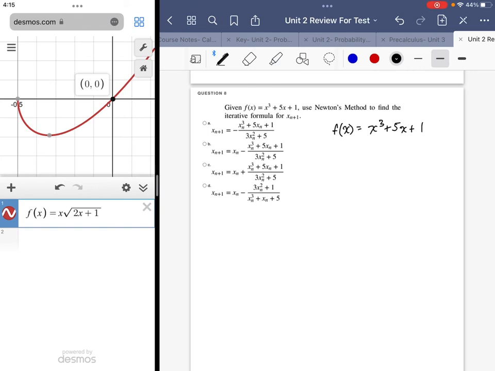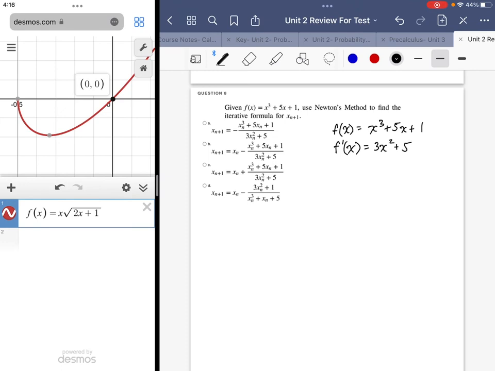So I'm not overly concerned in terms of the difficulty level for this one. But when you have more complicated functions that make up your question, you've got to be mindful that just because this one's power rule doesn't mean that they're all going to be simple. But anyway, this one is nice and easy. 3x squared plus 5.